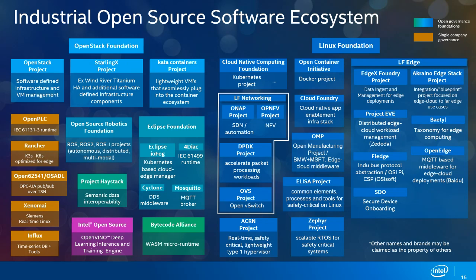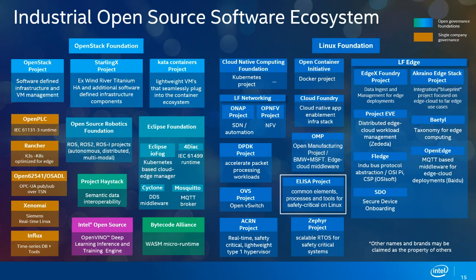There's also a new project in the Linux Foundation called LF Networking. Again, these are some core and foundational projects around network function virtualization and software-defined networks like we saw in the telecom space. And then there are also some additional projects about accelerating packets and optimizing switches.